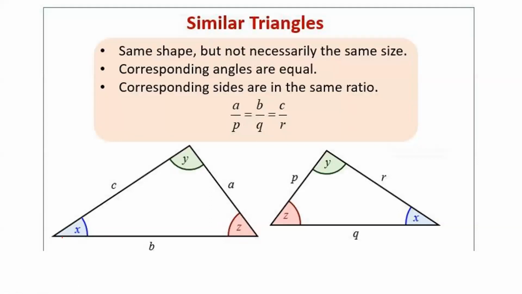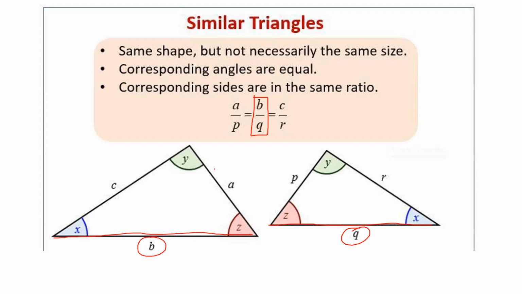So if we look at this side, right? This side, which is B, B is corresponding to which side? It's corresponding to Q. So the ratio of these two sides, B over Q, must be equal to the ratio of another pair of corresponding sides.